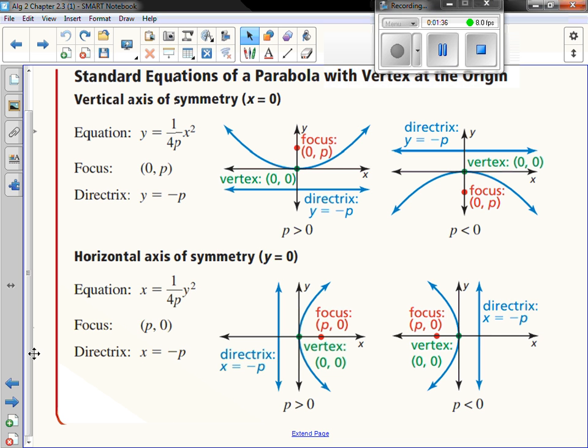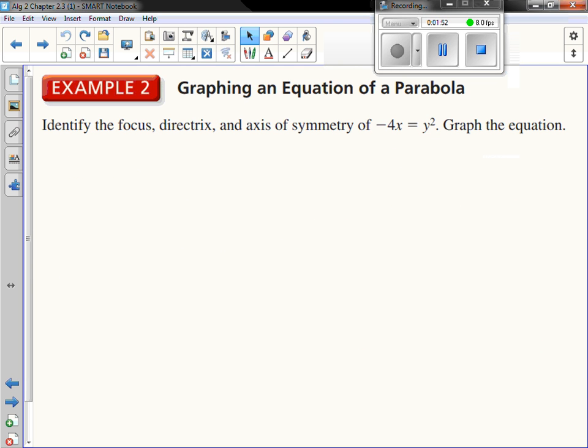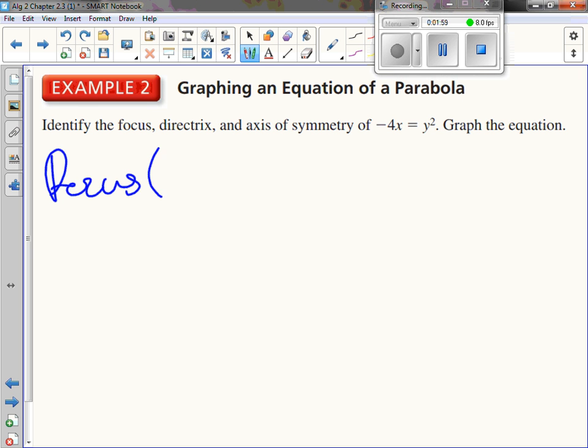And we have these here. The main thing we'll be looking at, especially with these first four, is finding the value of p. So when we look at these, we want to find the value of p, because if we can find the value of p, we'll be able to find the focus, because the focus is either (0, p) or (p, 0).